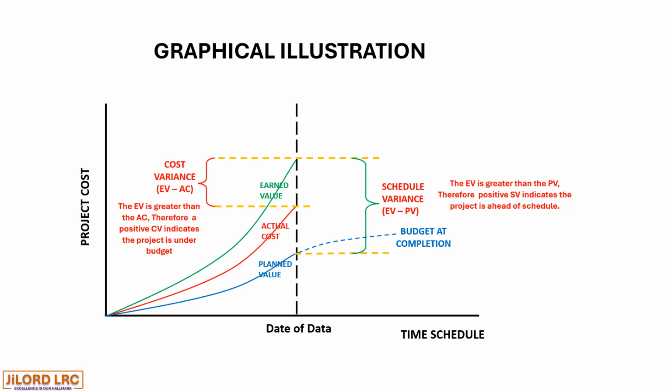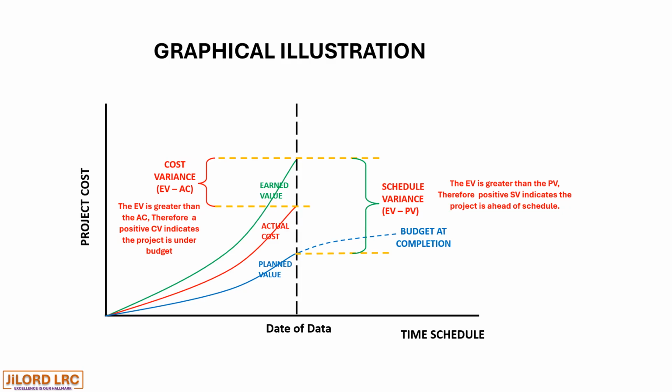There could be other graphs where we'll have the actual cost well above all of them and so on. It is the interpretation of the schedule variance and the cost variance that matters most, since earned value management is about cost and time.